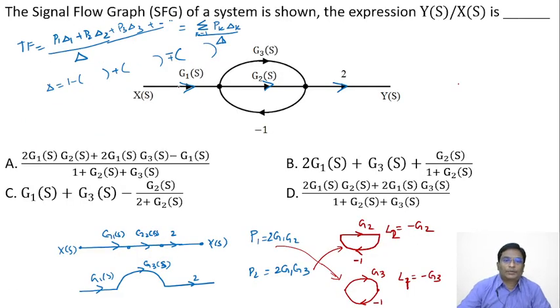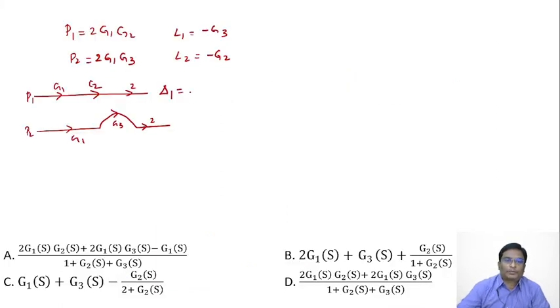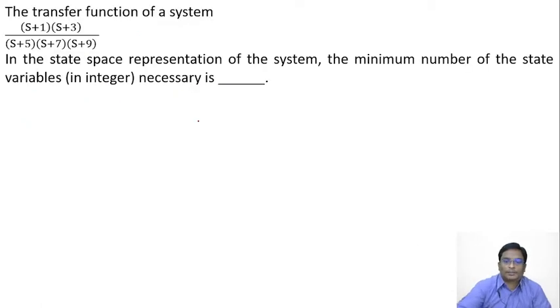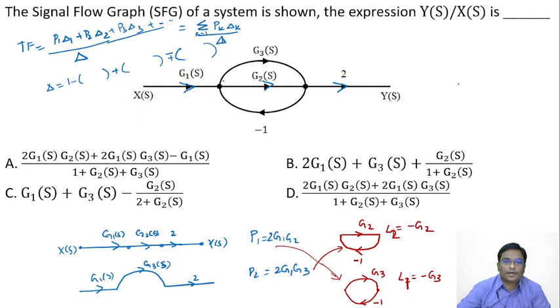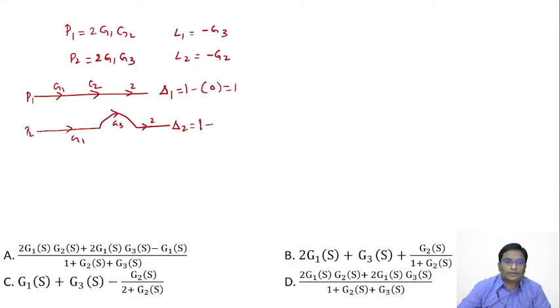If I remove G1, G2, none remain, not possible. So 1 minus 0, this is 1. For delta 2, if I exclude the second path, any chance of loops? No, not possible. Therefore 1 minus 0, this is also 1.